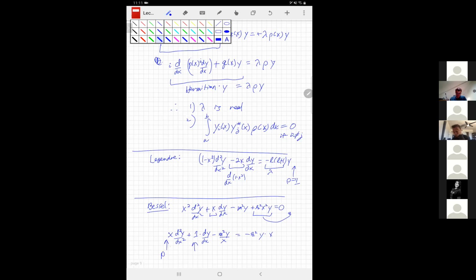This is p. p is just x. dp dx is 1. q is minus m squared over x. Minus k squared is what we're calling lambda. And x is what we're calling rho.